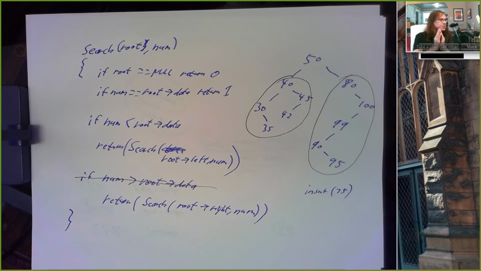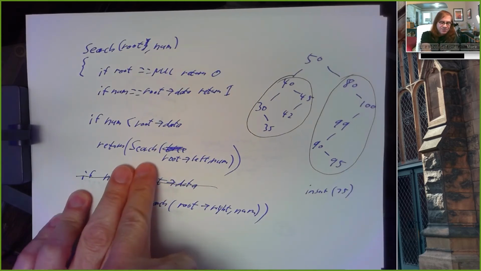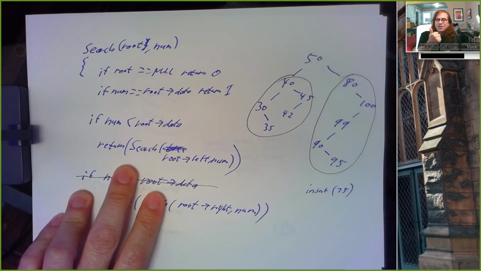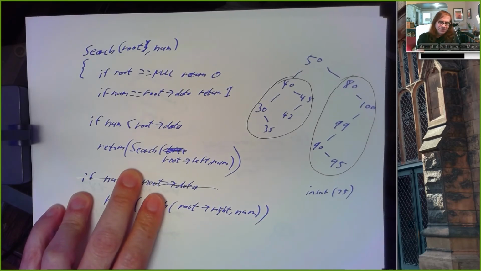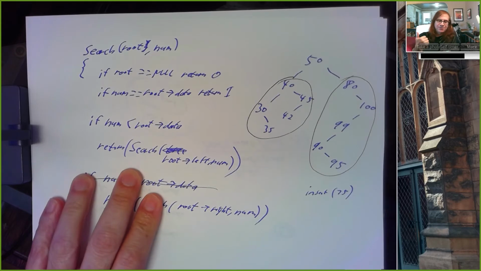The downside to recursion is it can be expensive, right? Anytime that you make a function call, there's a lot of overhead involved. There's a lot of state information that needs to be saved. For example, when I call any function, I have to save the program counter, right, at the CPU level. I have to save where I am in my code so I can return to it at the end of the function call. I may have to save the values of registers.